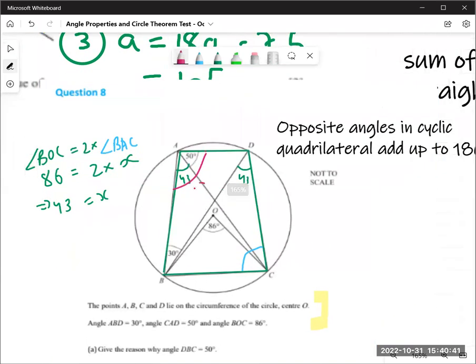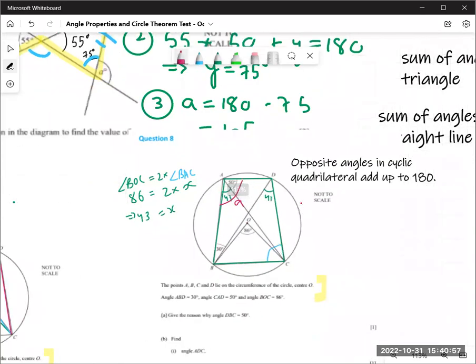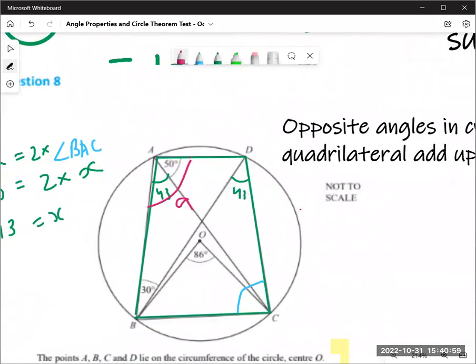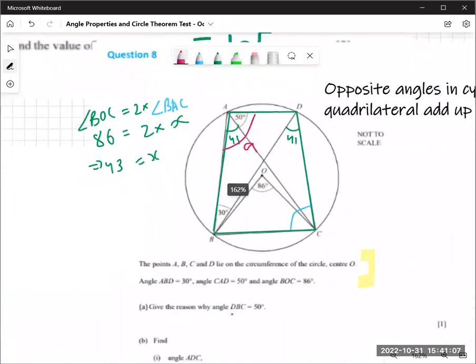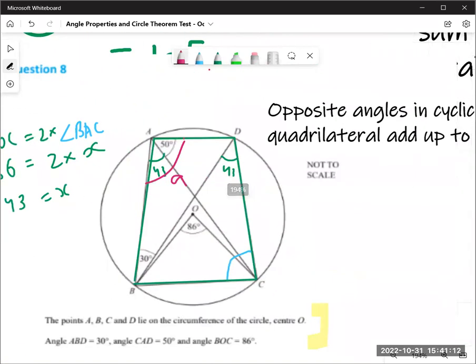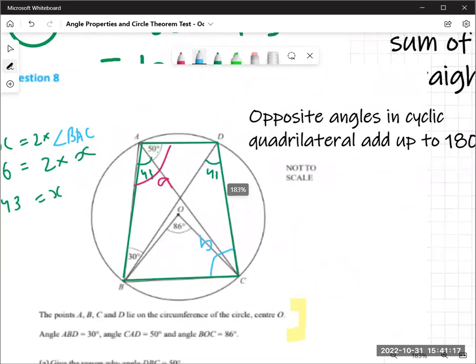So if I have opposite angle A and angle B, A plus B will be 180. So to find the opposite angle right here, this guy right here, we'll add 50 plus 43.